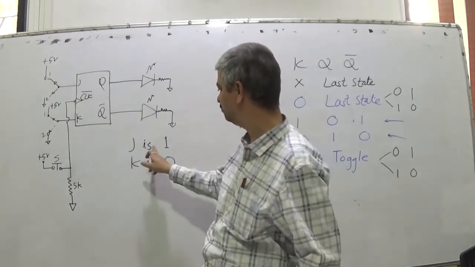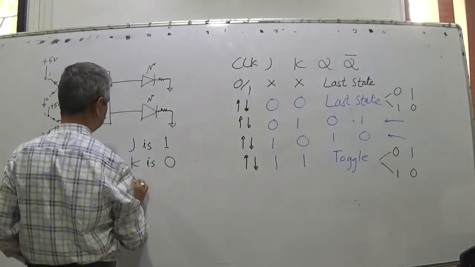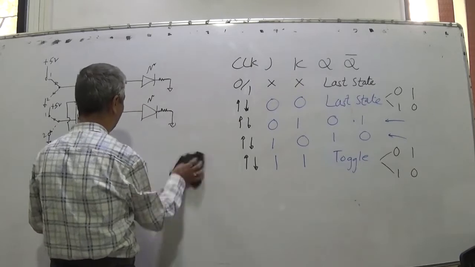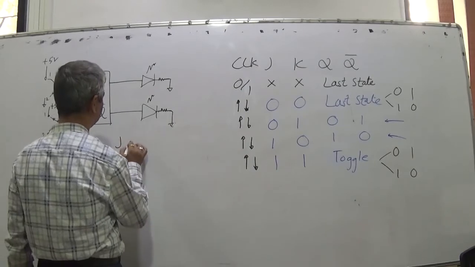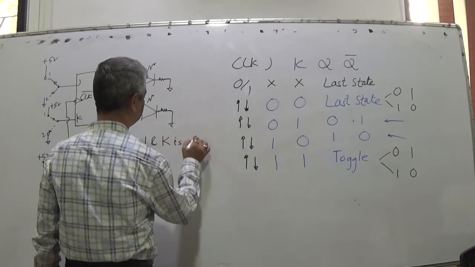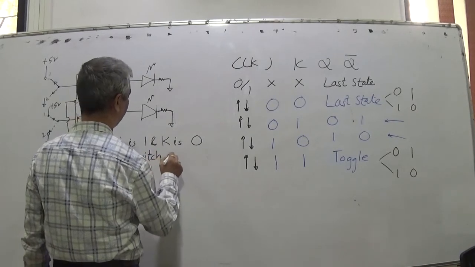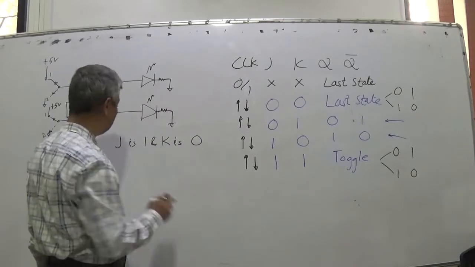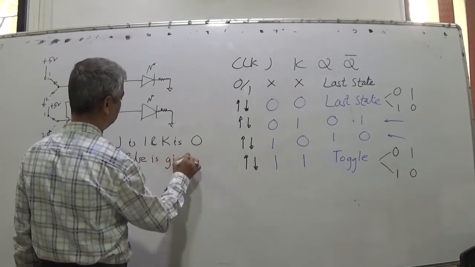So J is 1, K is 0, and then you give the pulse. Instead of writing in the truth table form, I write in sentence form because it's a human action. So what we have done, J is 1 and K is 0 is step 1, switch is pressed and released, means pulse is given. Is it right?